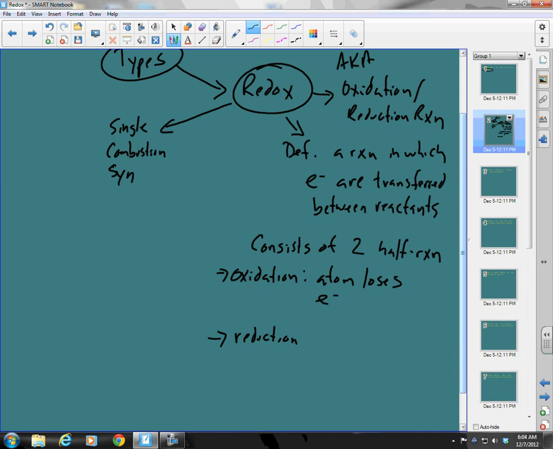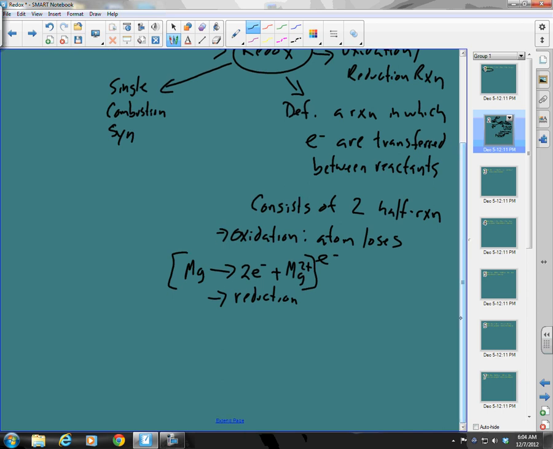So I have magnesium, and it's going to lose 2 electrons, let's say. And what's formed? Magnesium 2+. So this would be an oxidation half reaction. Why is it only a half reaction? Because it doesn't show where those 2 electrons are going.